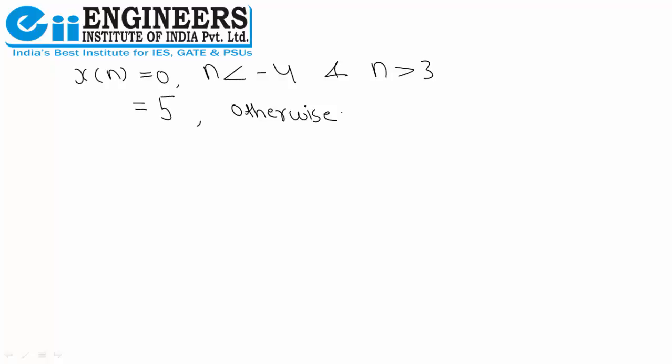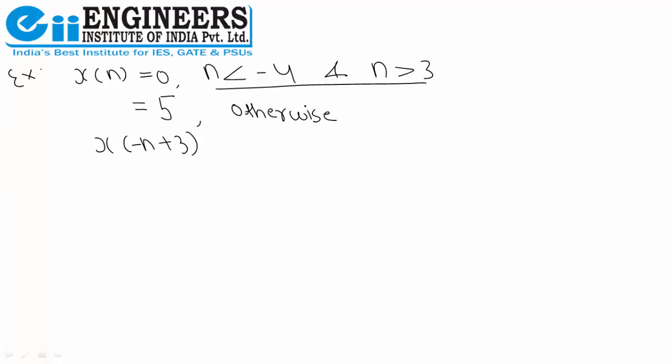Find out the values of n for which x[-n+3] is guaranteed to be 0. We need to find out the values of n, or range of n, or limit of n for which x[-n+3] is guaranteed to be 0.